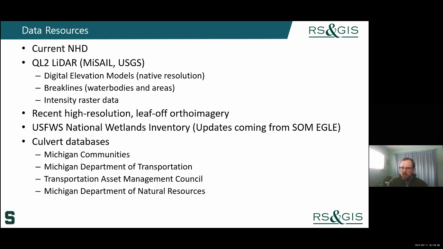We're also using recent high resolution leaf off ortho imagery. A lot for culvert detection and also just visually seeing if we're in the right spot with our flow lines. The U.S. Fish and Wildlife Service National Wetlands Inventory, or NWI, and we're also collaborating with the state of Michigan, EGLE, Eagle, Environment, Great Lakes, and Energy.